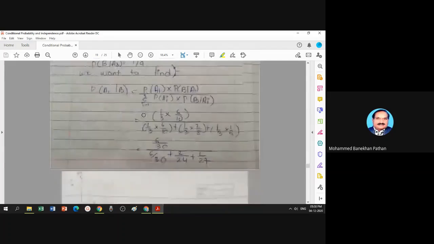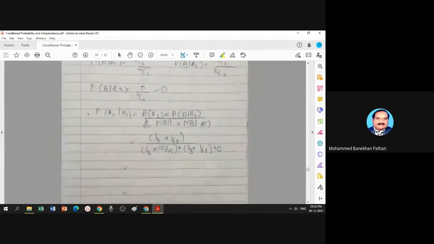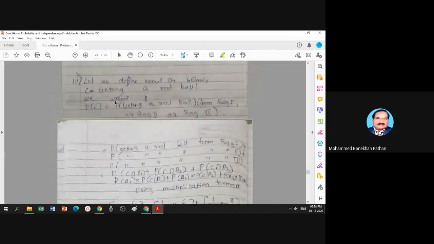I define event C as getting a red ball. Now you have different possibilities. You may get a red ball from bag 1. You may get a red ball from bag 2.